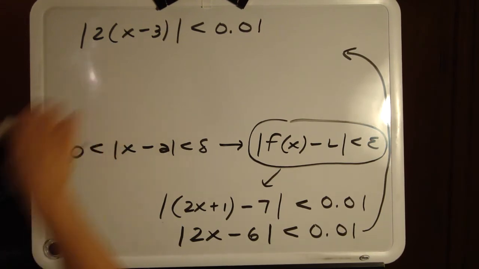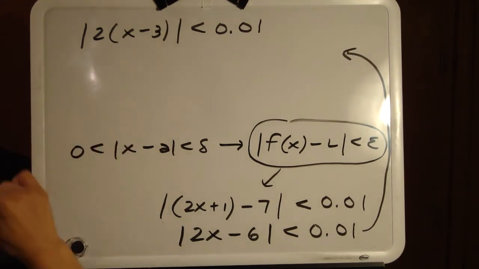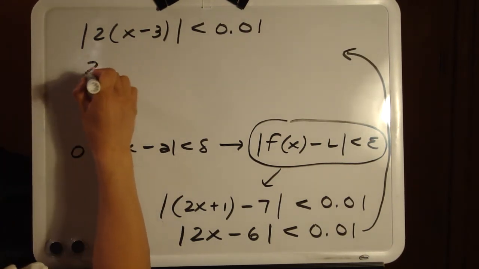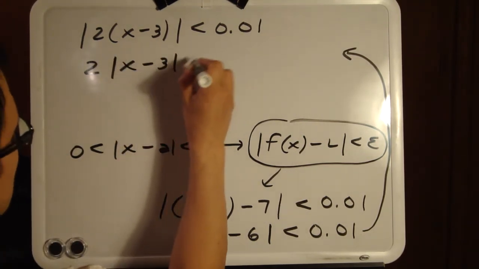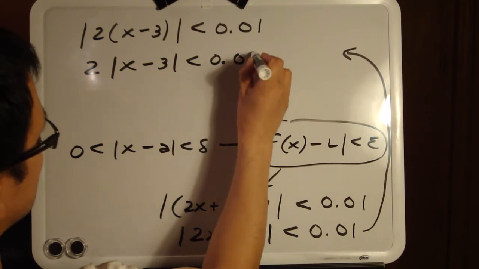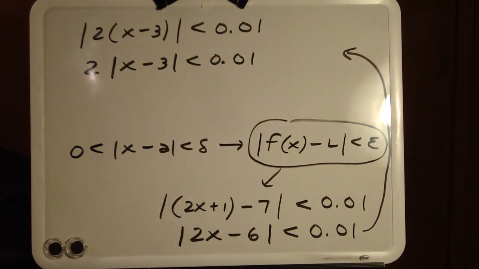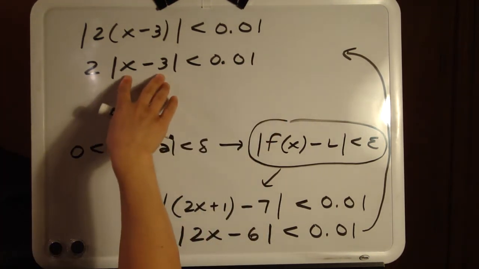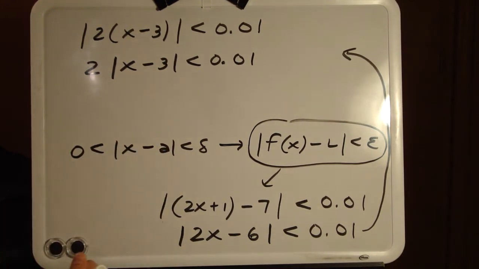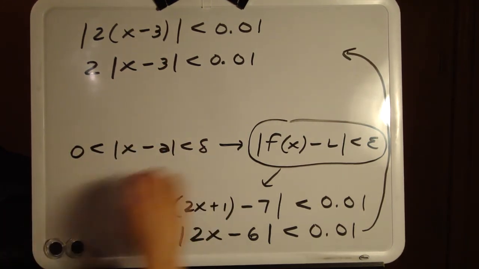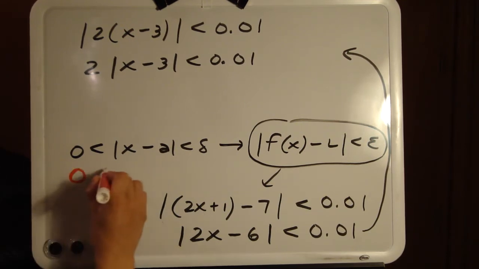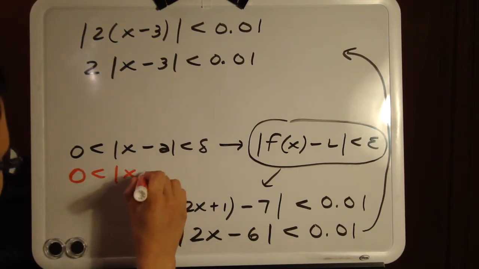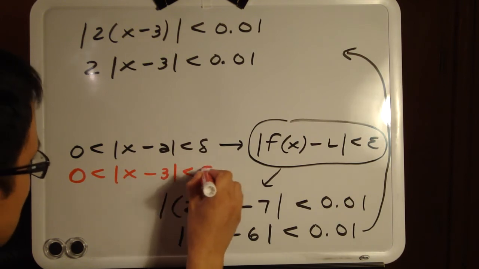And then notice now you can take the absolute value of each component here. So this will just give you absolute value of 2, better known as 2. And absolute x minus 3 is equal to this here. And then now what you can start to see is that this inequality is connected to this one. So if you think of what this inequality means in the context of this problem, right, this one takes the form of x minus 3 being less than delta.